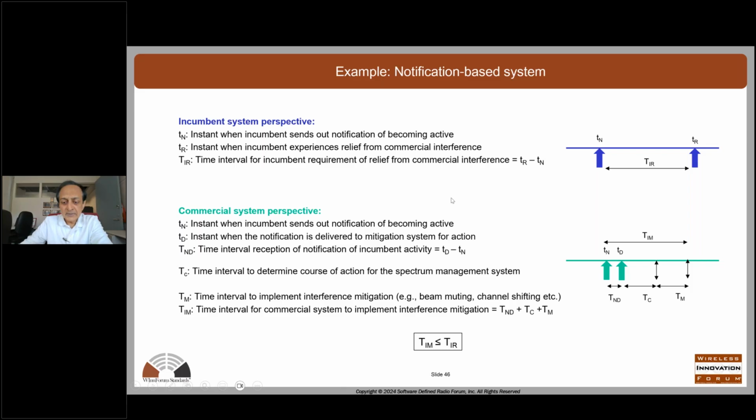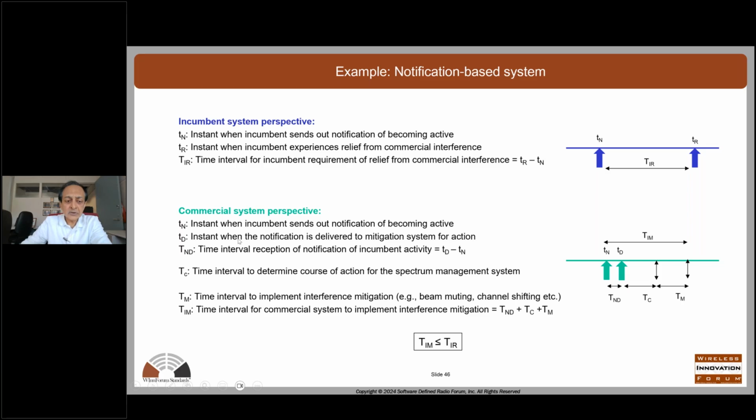This is very similar, so I'm going to go quickly on this. This is from a notification system. Again, there is a time interval when the notification goes out, and T sub R is the instant when the incumbent experiences the relief from the commercial interference. So T sub IR again is the requirement for implementation, otherwise the incumbent's system performance will be degraded.